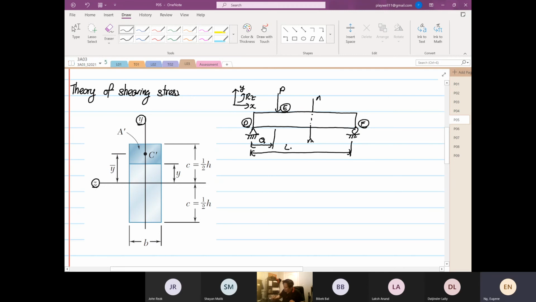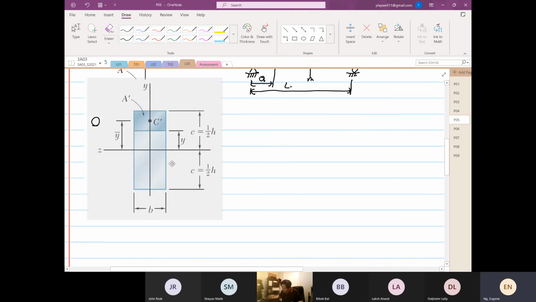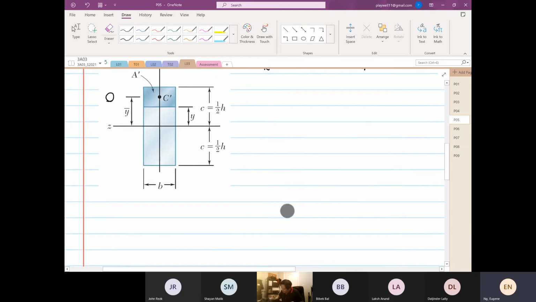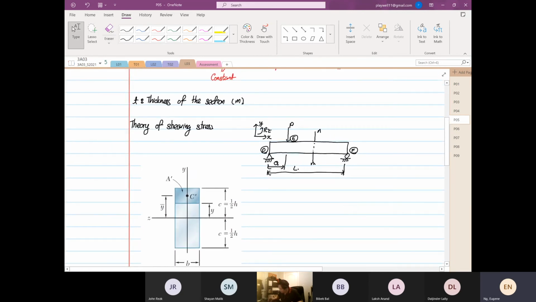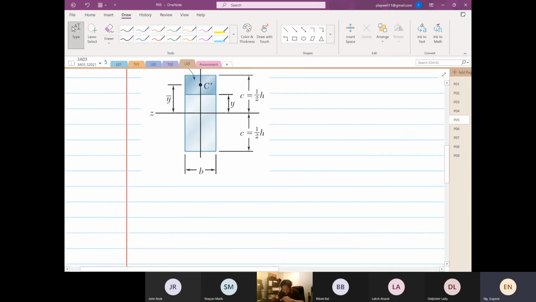So we are going to derive an expression where the shear xy is equal to 3/2 Vy over 2BC, multiplied by 1 minus y squared over c squared.